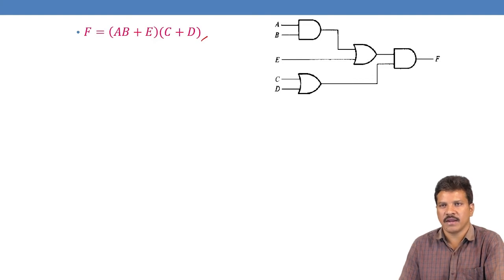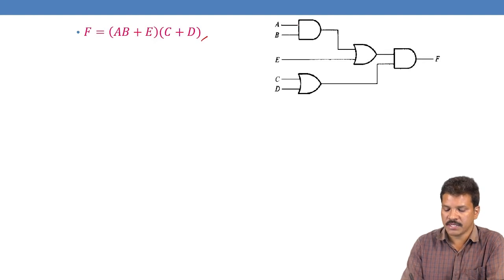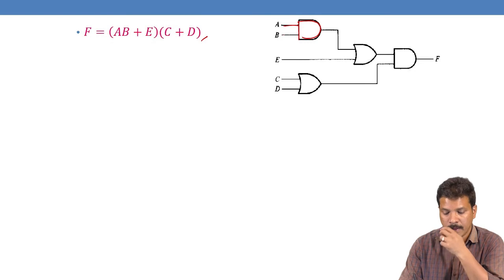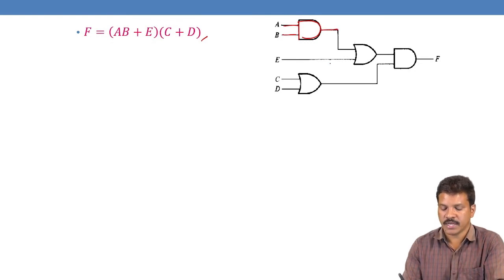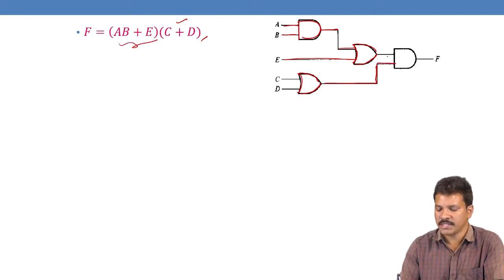These two are ANDed together. So AB means it is an AND gate, and this AND gate output is ORed with the E variable, so we take an OR gate with this output of AB. And another term we have, C plus D, is an OR gate; the C and D terms get ORed. The output of this C plus D is combined with AND with the entire bracket, AB plus E. So we can get this Boolean function here.